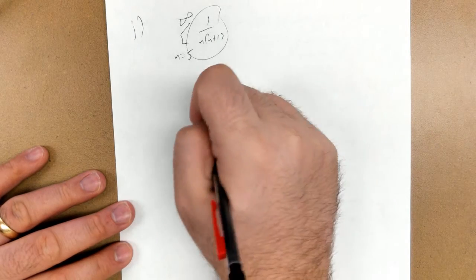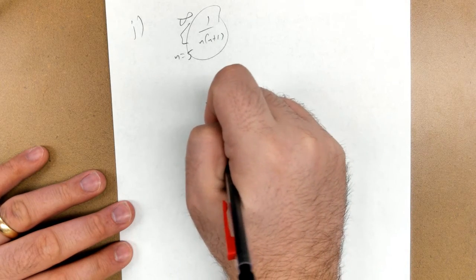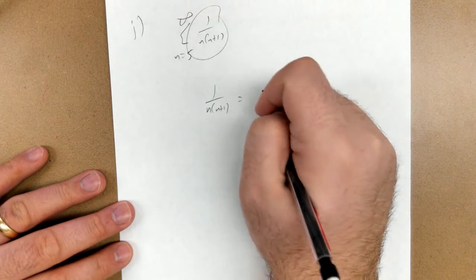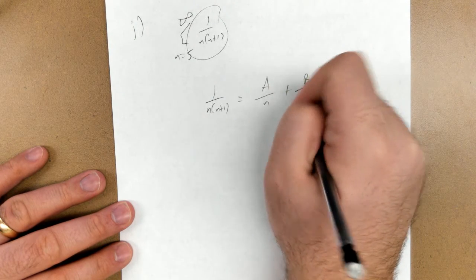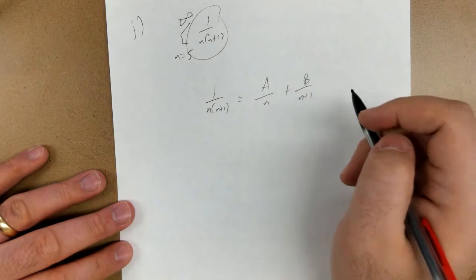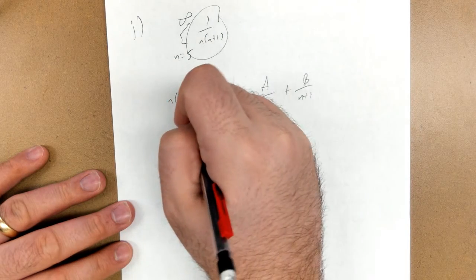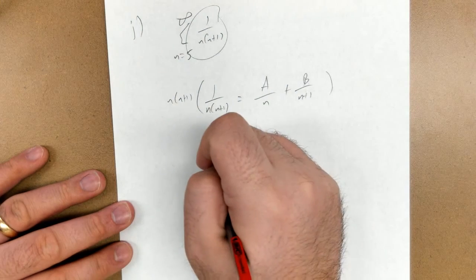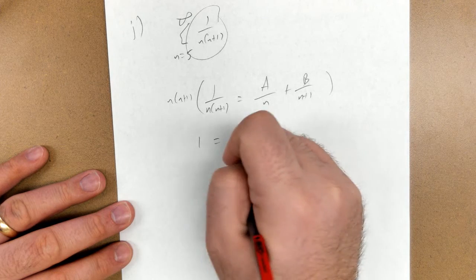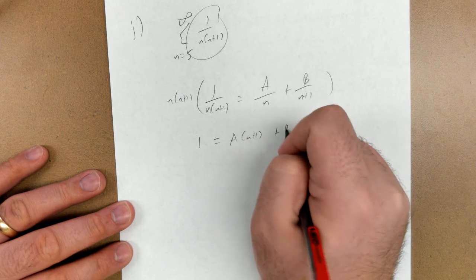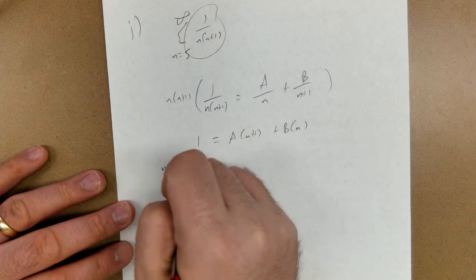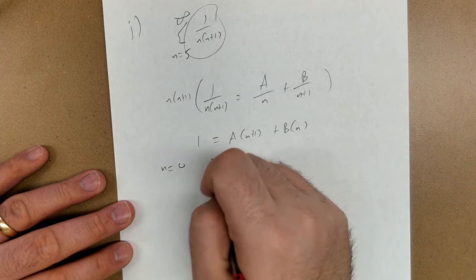If you don't remember how to do partial fractions, which really I guess is what you have to do here, this should be a over n plus b over n plus 1. You multiply across by the denominator to get rid of it, and then you're going to use elimination after this point. So if you make n 0, then 1 becomes a.